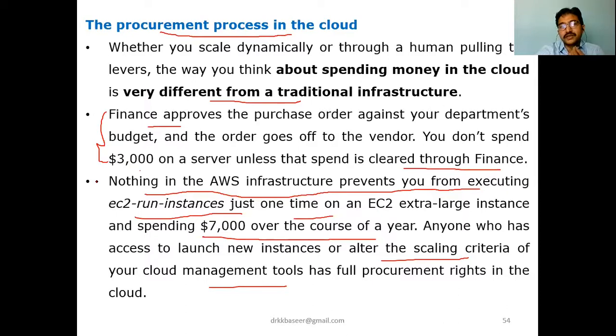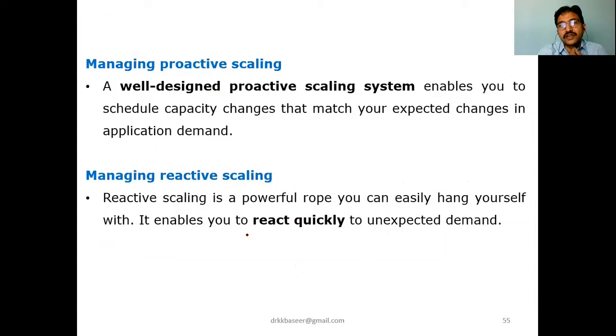But the last bullet talks about how AWS infrastructure works automatically, whether you run the instances just one time or many times. The amount varies based on the running of your instances, right? To purchase this, it takes only $3,000, but here it is $7,000 over the course of a year. So the cost varies automatically with how many services and resources you are using in the cloud.